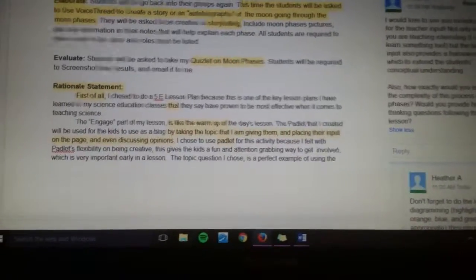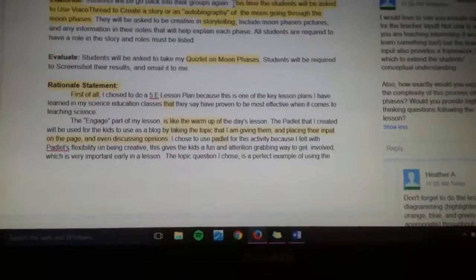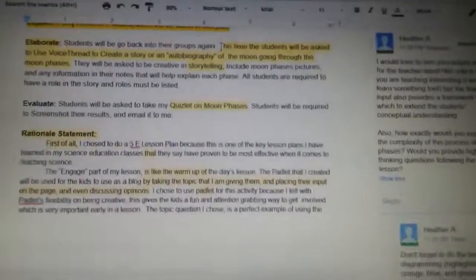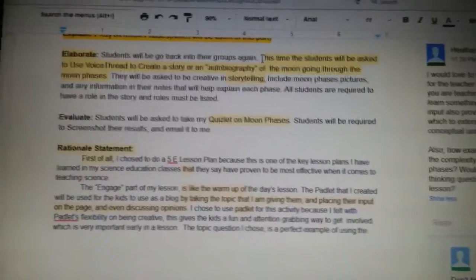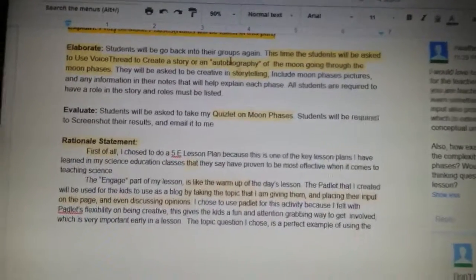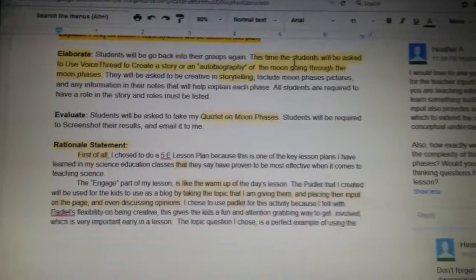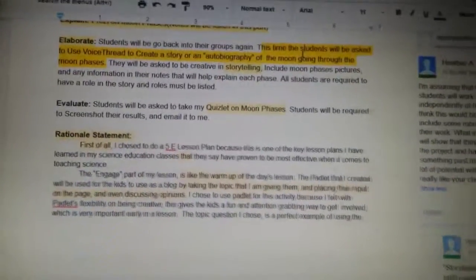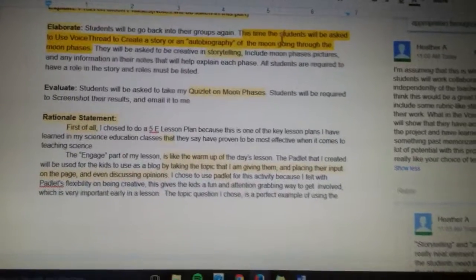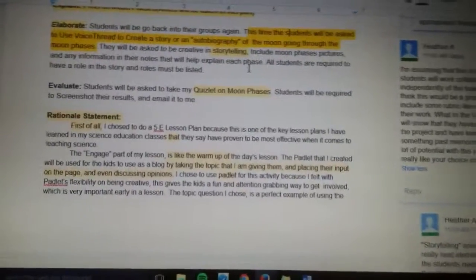Alright, so for elaboration, reading this for the first time, I thought it was really interesting and also really creative that you were calling this an autobiography or storytelling. As I noted in my comments, this would be an awesome time to incorporate another content area, specifically language arts.